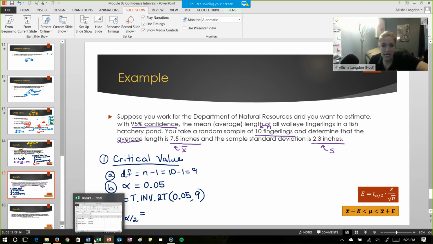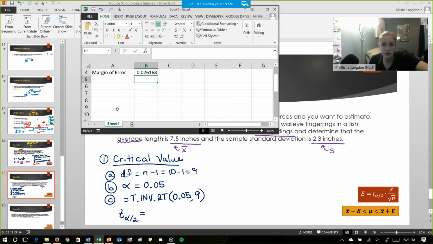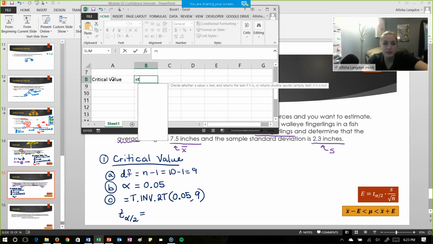So we're going to go ahead and pull up our Excel, and I'm going to scroll down because I want to put these all the same. So we're coming up with our critical value equals T.INV.2T in parentheses 0.05 comma 9.